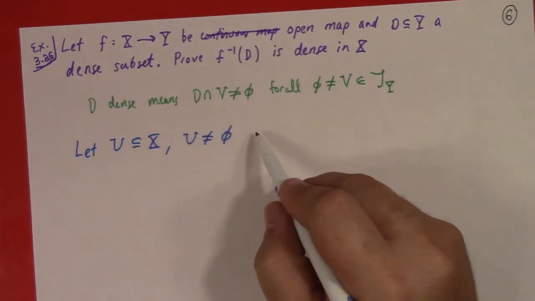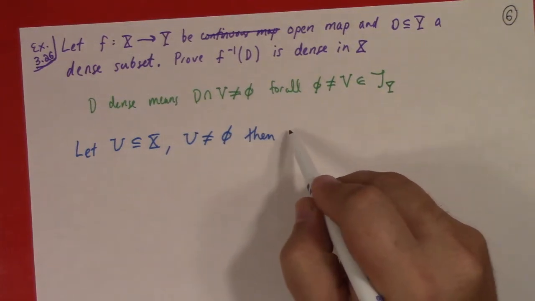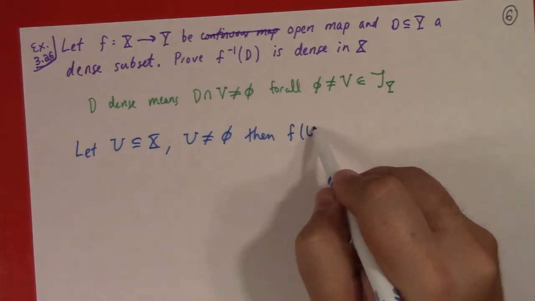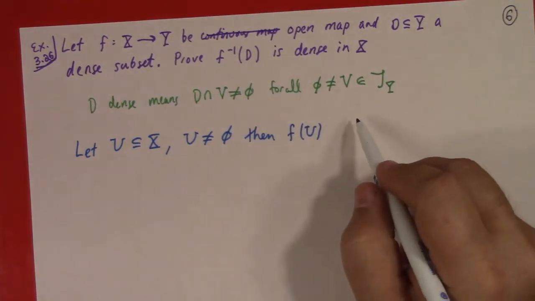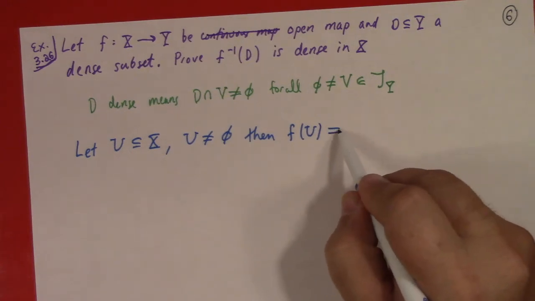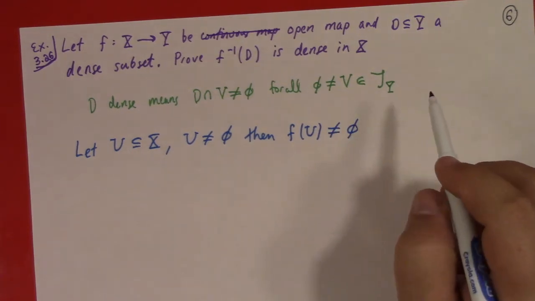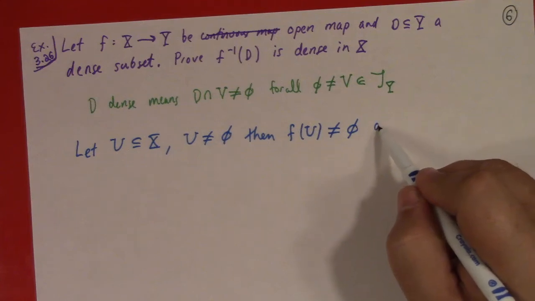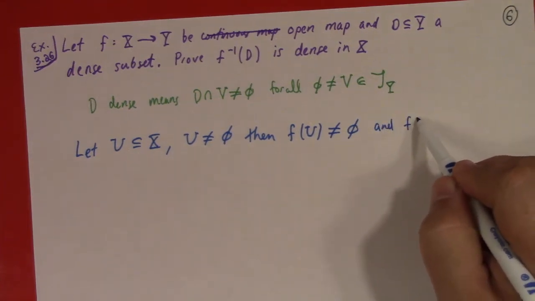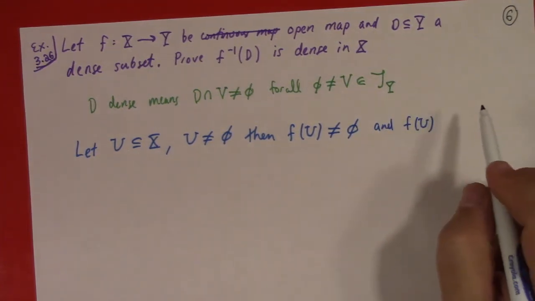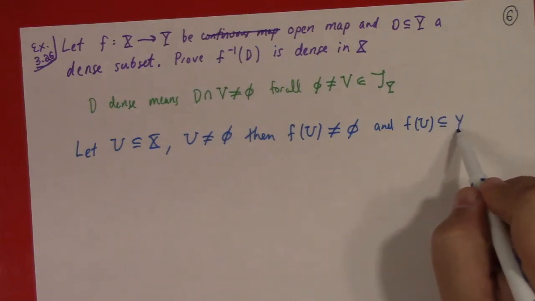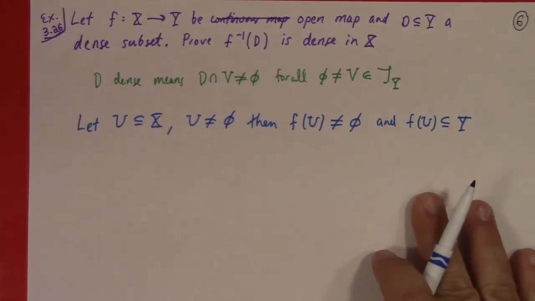Then F of U is non-empty, and of course F of U is a subset of Y. Right? Okay, great.